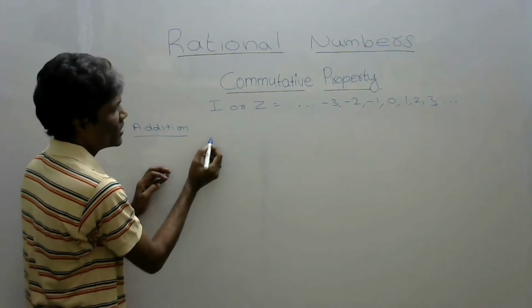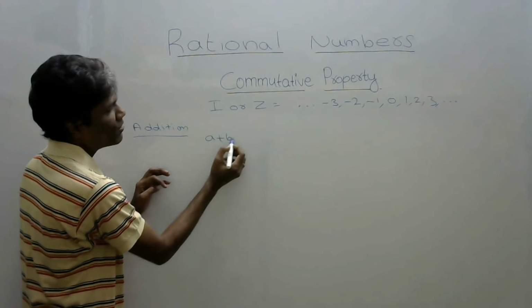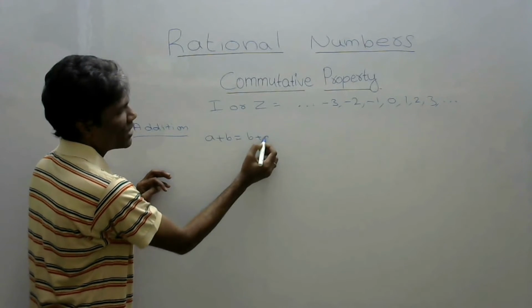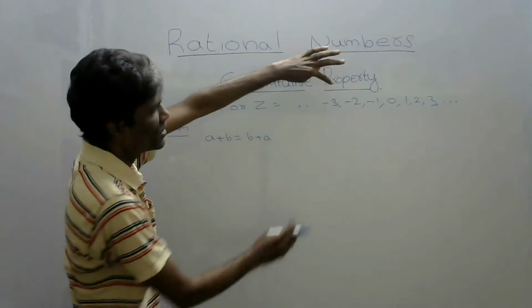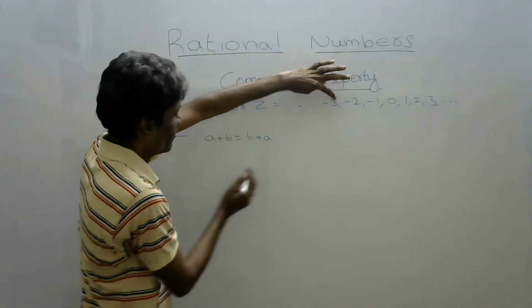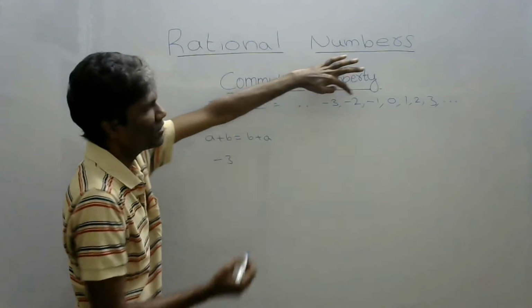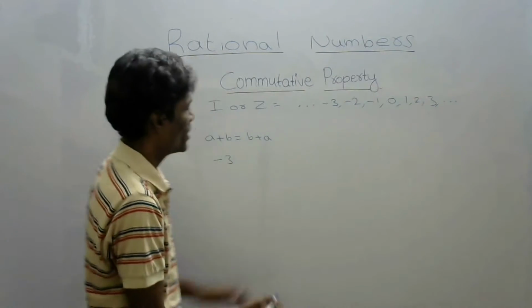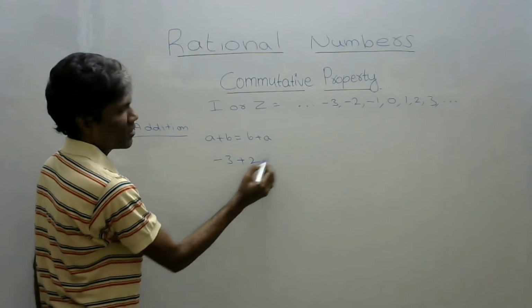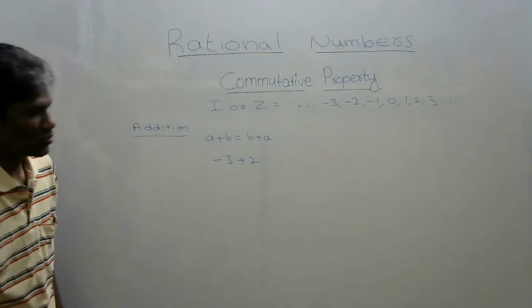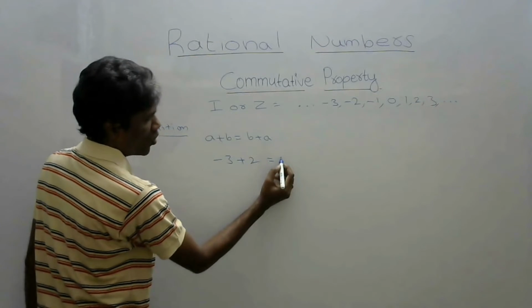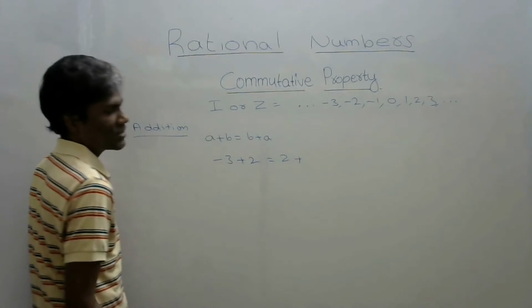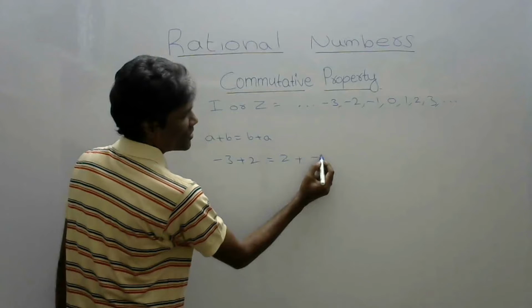First we need to check whether a plus b equals b plus a or not. So, take any two numbers. This time we will take one number as minus 3 and one number as plus 2. Minus 3 plus 2. Now b plus a, so 2 plus minus 3.